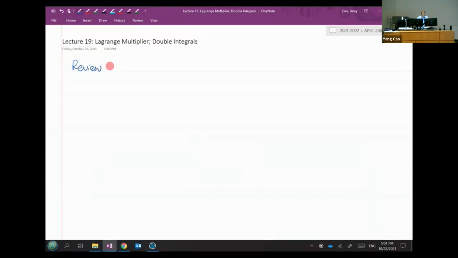So let's have a very quick review on the constraint problem. If you recall, the general format of a constraint problem is you have an objective, and the objective is, for example, to minimize a function.